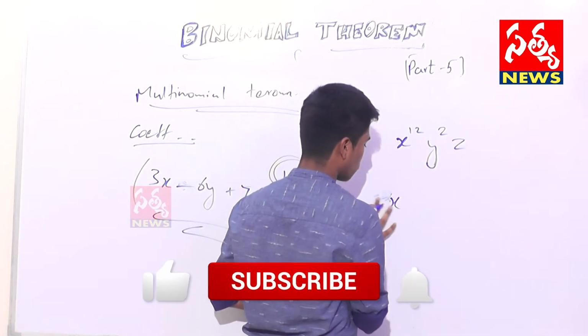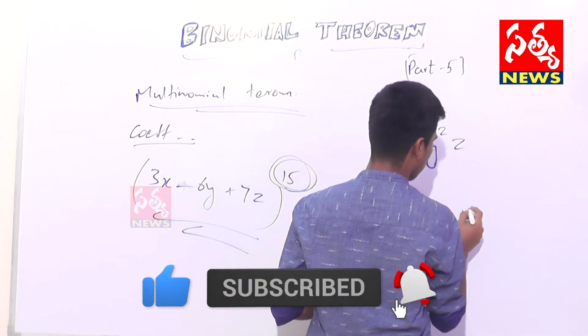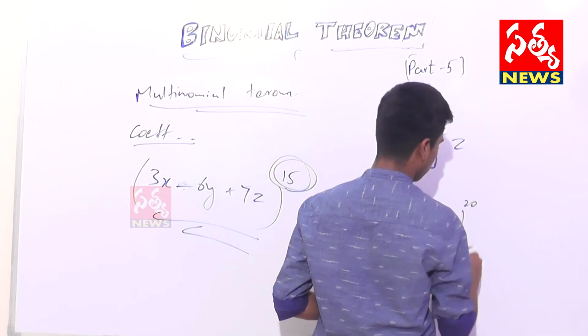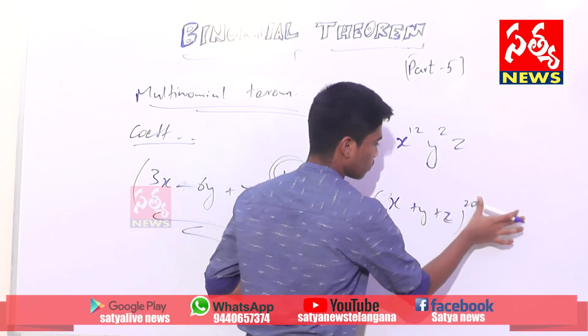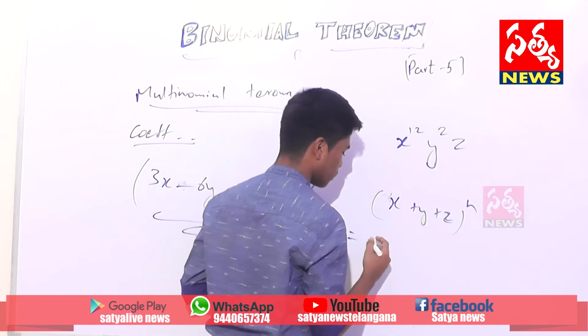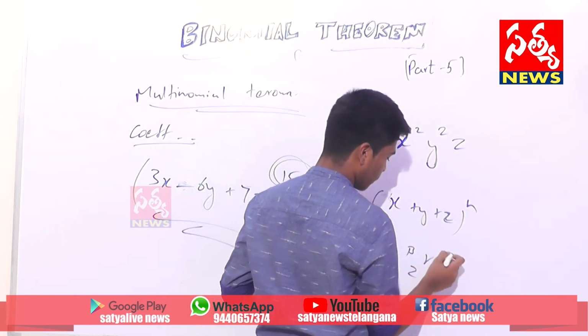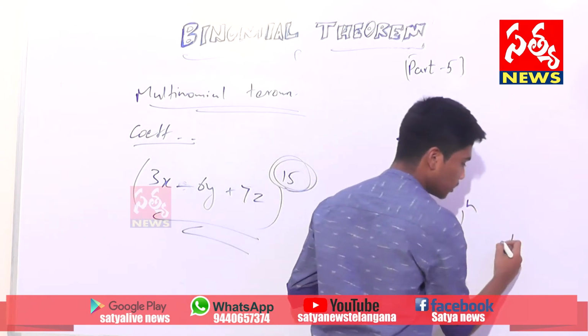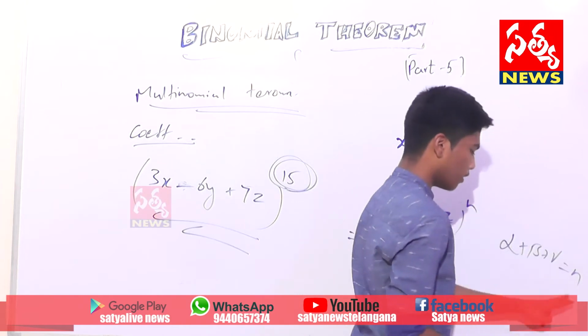Take x plus y plus z whole power n. Consider x power alpha, y power beta, z power gamma, where the condition is alpha plus beta plus gamma must be equal to n.